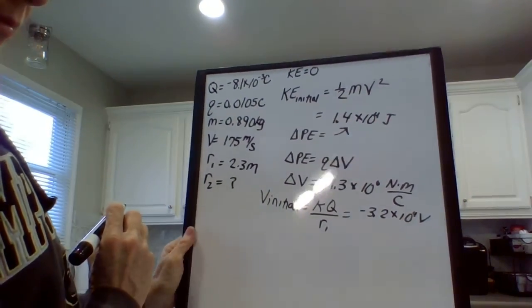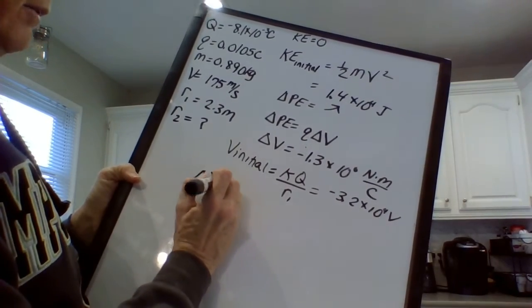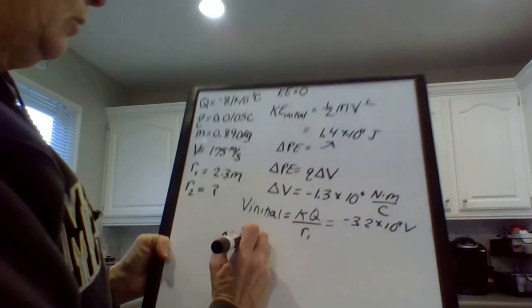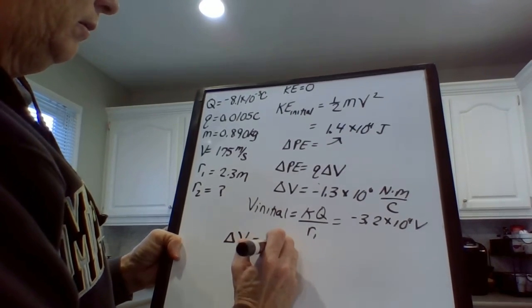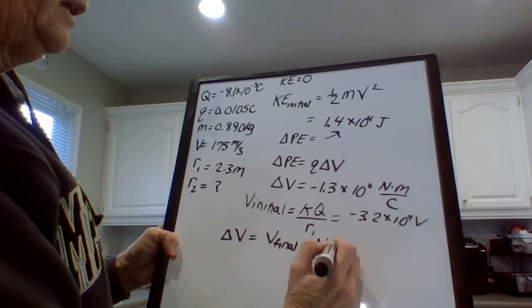Okay, we can calculate the final. Remember, delta V equals V final minus V initial.